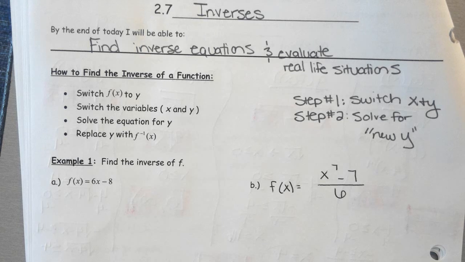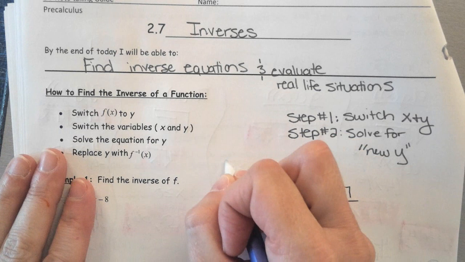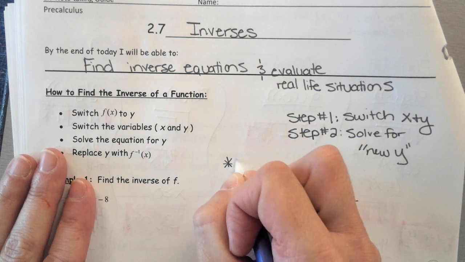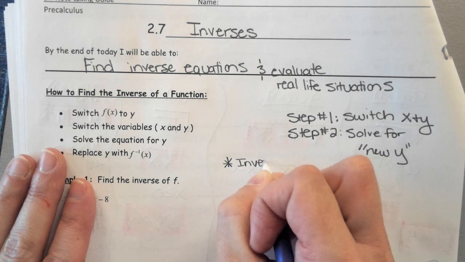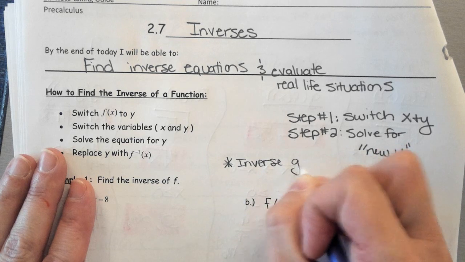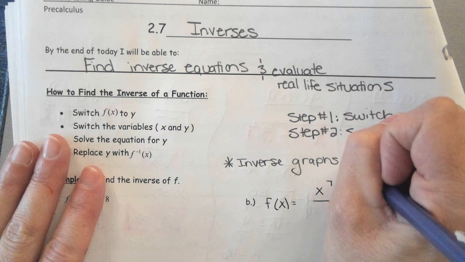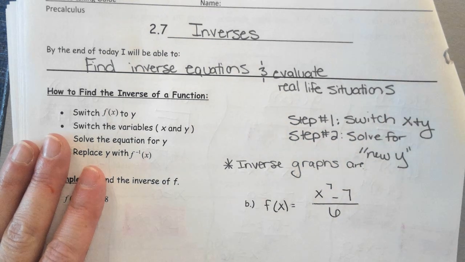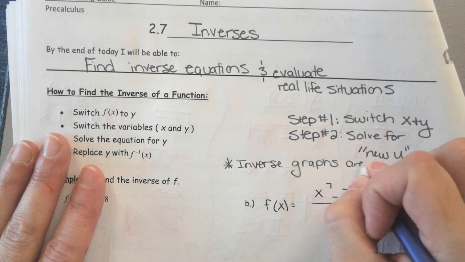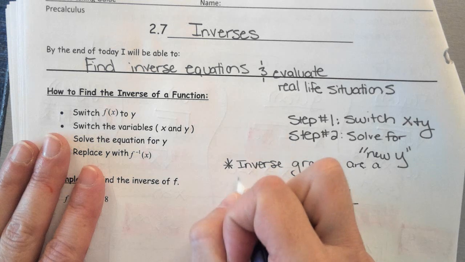The other thing that I want you to remember about inverses, and this is maybe a way that you could check your work, is that inverse graphs are a reflection over the line.